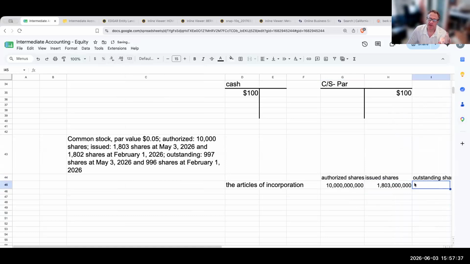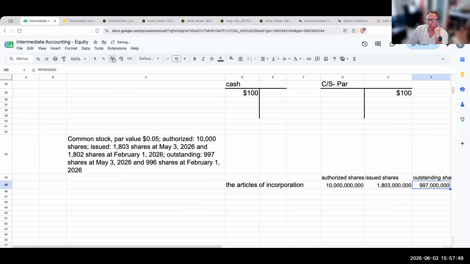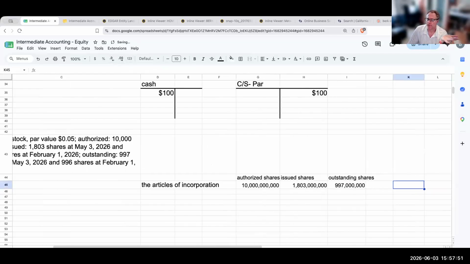But at the same time, the outstanding shares are basically 997 million. And you might be wondering, well, wait a second, why is there this difference of roughly 806 million shares?